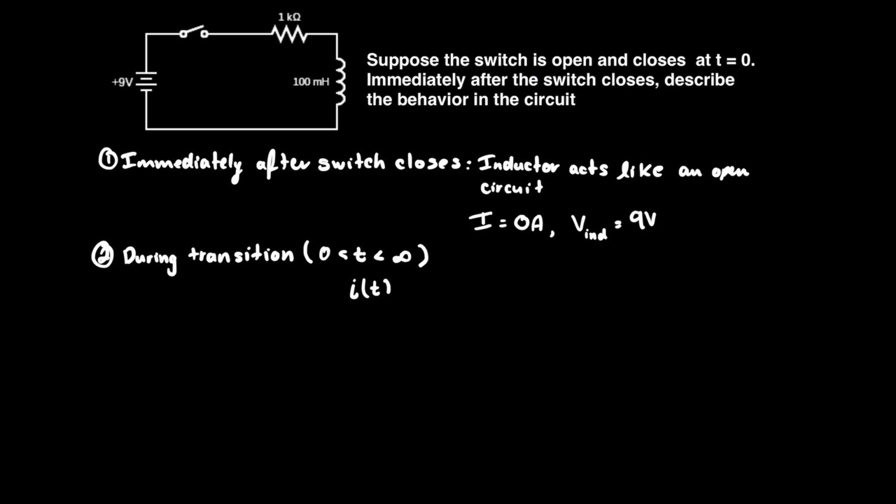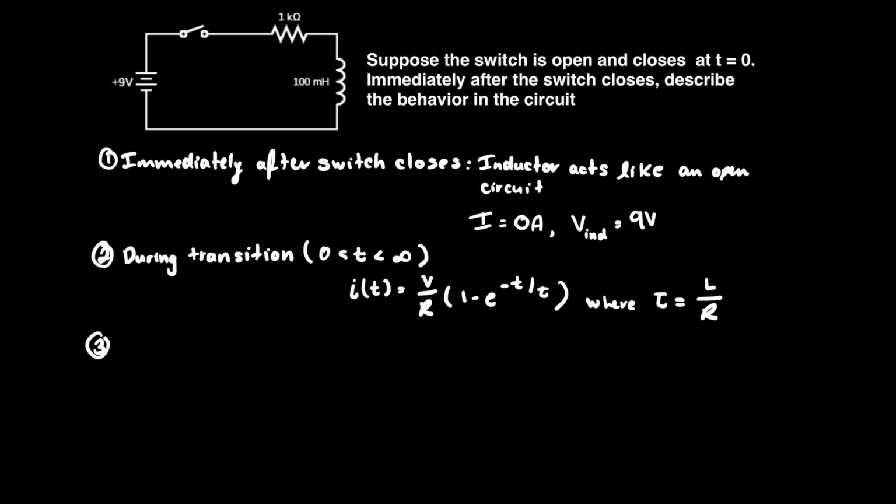The behavior of the circuit is modeled by the equation I(t) equals V over R times 1 minus e to the minus t over tau, where tau is equal to L, the inductance, over R, the resistance of the circuit. We can use this equation to calculate the current at any time from 0 to infinity.